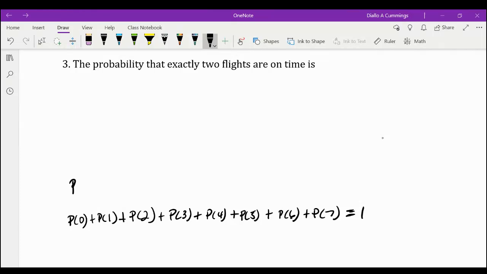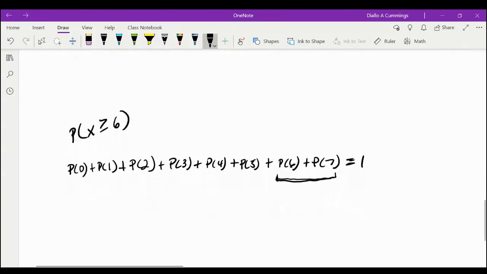So we want the probability that X is greater than or equal to 6. That means we want the probability that 6 or 7 flights are on time, right? And I can find this probability by simply adding the probability of 6 flights on time plus the probability of 7 flights on time.